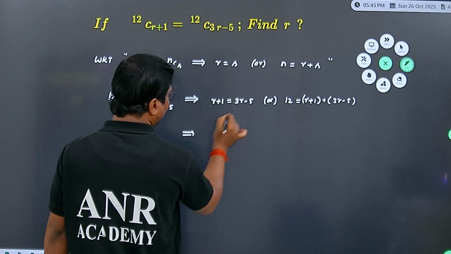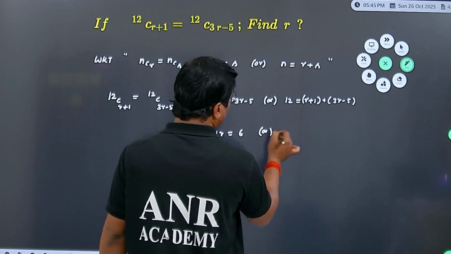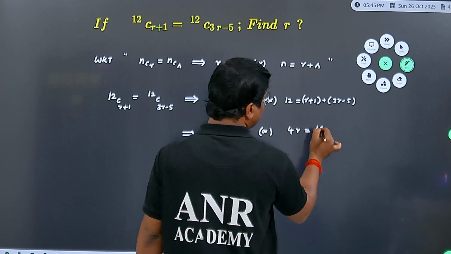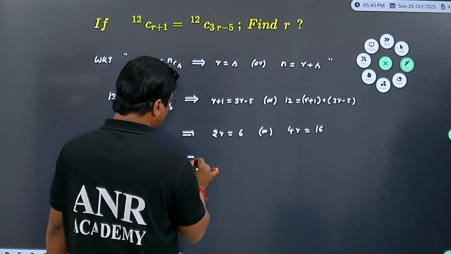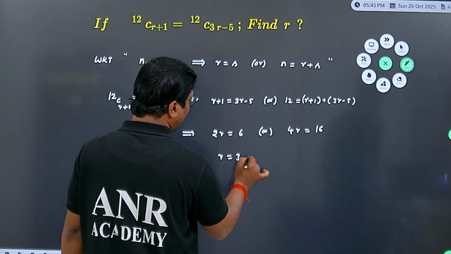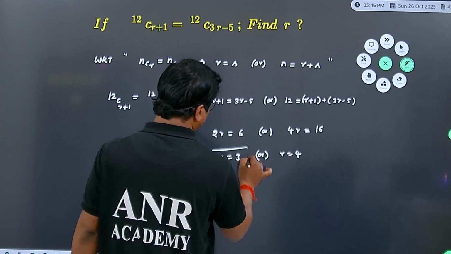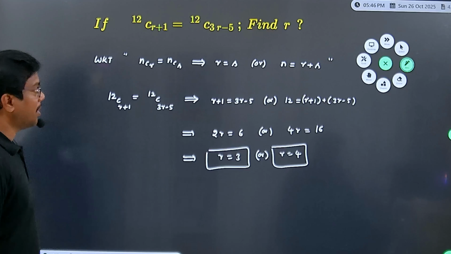Here on simplification it is 2 times of R becomes 6, and here it is 4R become 16. Next, on simplification the value of R become 3, either 3 or 4. This is your answer. Let us move to the next question.